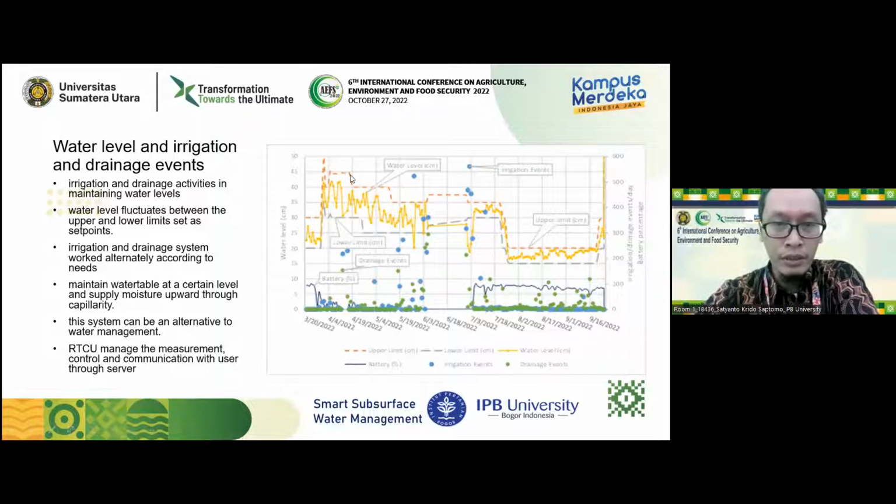The orange dashed line is the upper limit of water table, and this one is the lower limit, and the yellow is the condition of water table during the operation. So somewhat we can successfully manage the water table, which in consequence means we can also control the soil moisture, because the water will go up to the upper layer through capillarity.